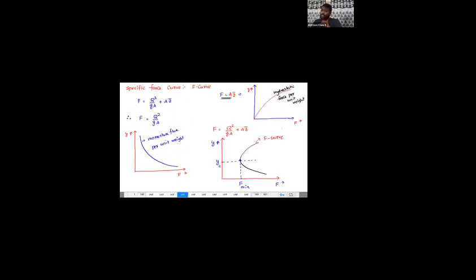So once we know the YC, above this is going to be subcritical, and below here it is going to be supercritical.